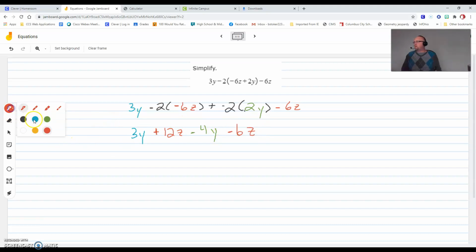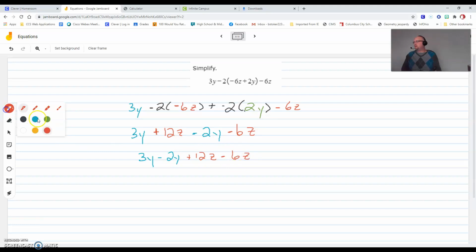Okay, so now I'm going to start combining. Oops, I should have done that in blue. Sorry about that. That's probably a little confusing. It should end up like that, though. This should have been blue from the get-go. Sorry. 2y. And then from there, y comes before z in the alphabet, so I do my y's first. 3y minus 2y. And then my z's plus 12z minus 6z.